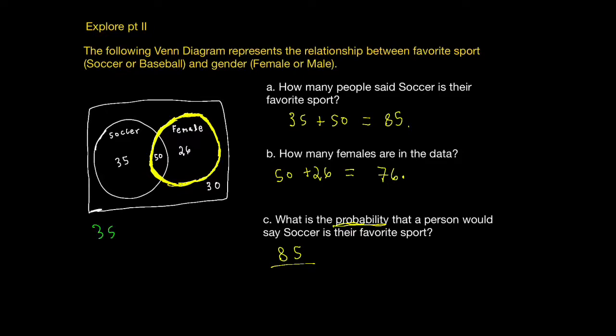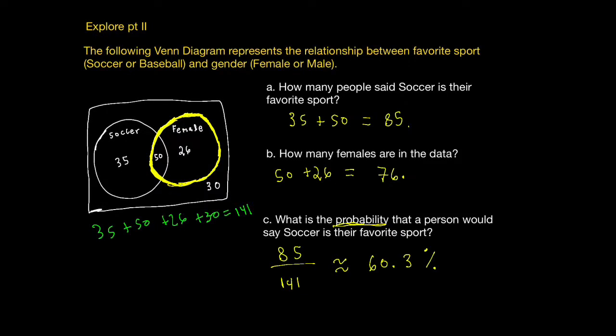We have a 35, we have a 50, we have a 26, and we have a 30. So once we add all that up, we should get 141. So that's the sample space. So let's divide 85 by 141, and 85 over 141 is going to be approximately 60.3%.